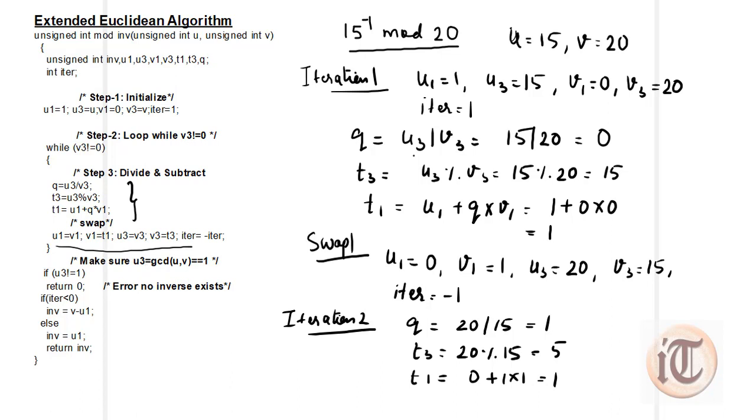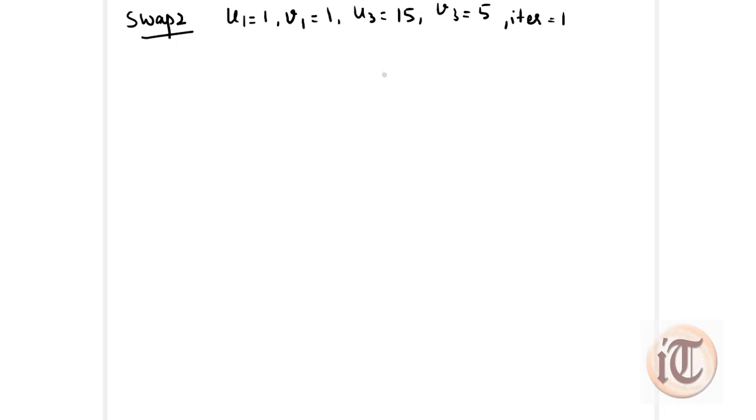Again we have to swap. So I will take the next sheet and swap here. This becomes swap 2. After swapping, u1 becomes 1, v1 becomes 1, u3 becomes 15, v3 becomes 5 and the iteration value will become 1. Again we have to check the while condition, that v3 is not equal to 0.